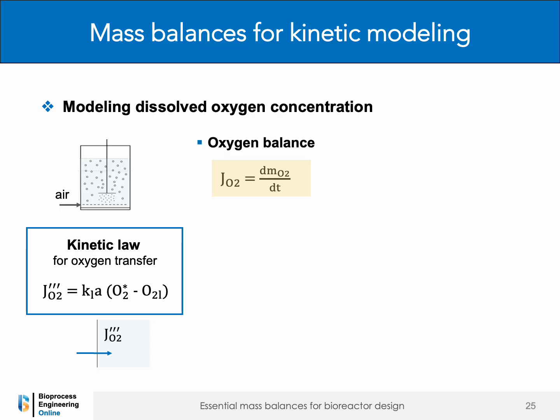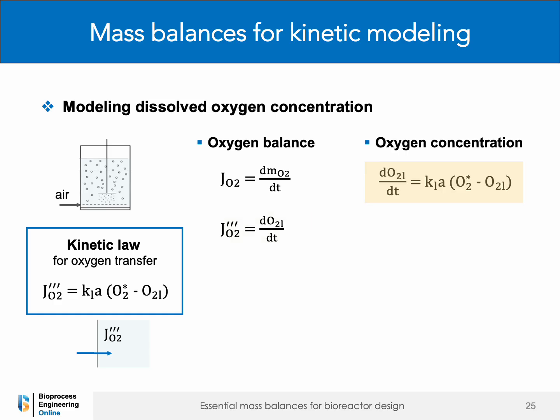When applied to the liquid phase inside the vessel, the instantaneous oxygen balance is written as JO2 equals dmO2/dt, or per unit liquid volume, JO2''' equals dO2L/dt. Substituting the oxygen transfer rate law into the mass balance yields the differential equation describing the time variation of the dissolved oxygen concentration, dO2L/dt equals KLa (O2* minus O2L).